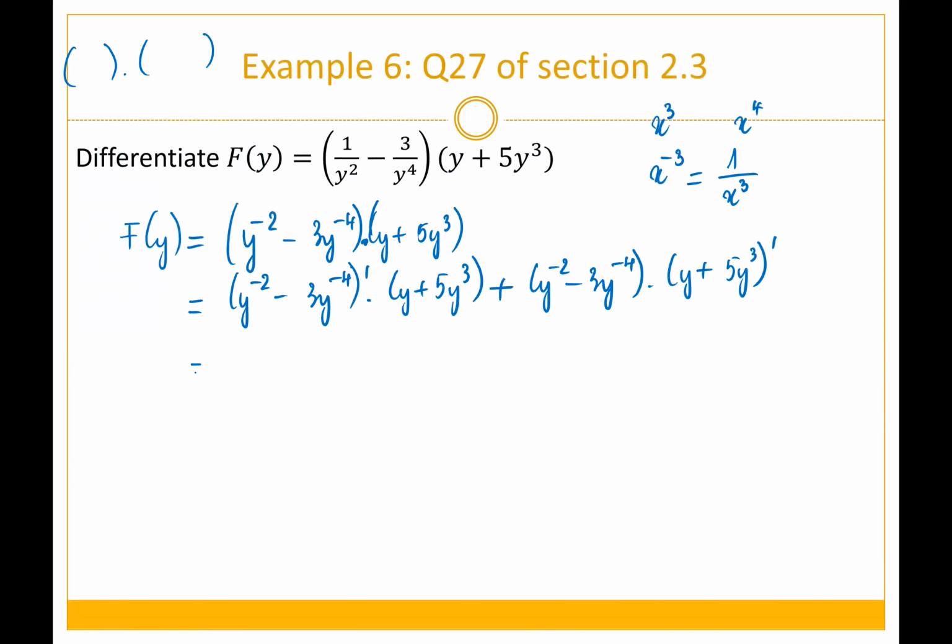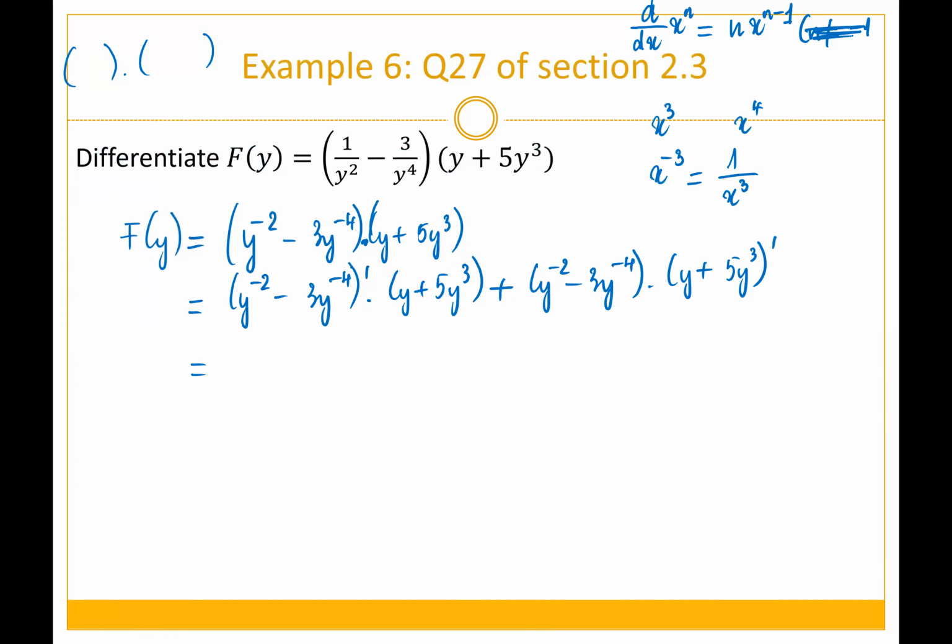Now here we use the general formula, d over dx of x to the n is going to be n x to the n minus 1, and there are just some conditions on n going along with it. I don't quite remember, but that's the case.